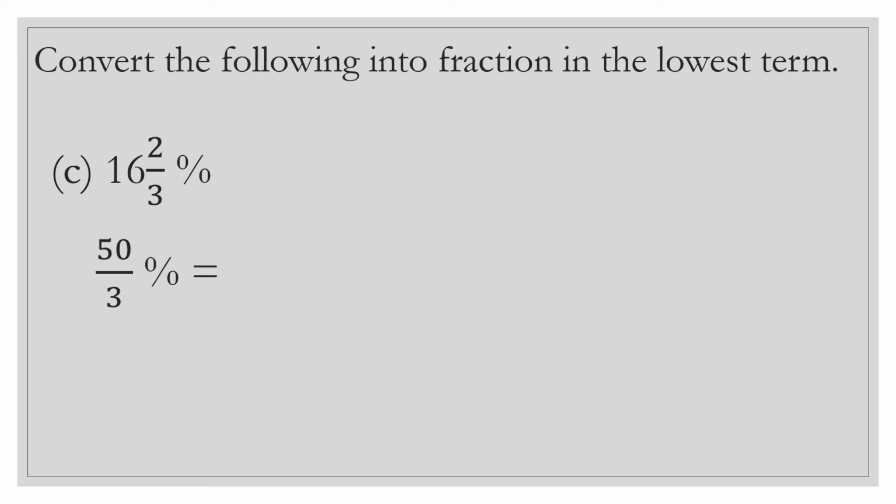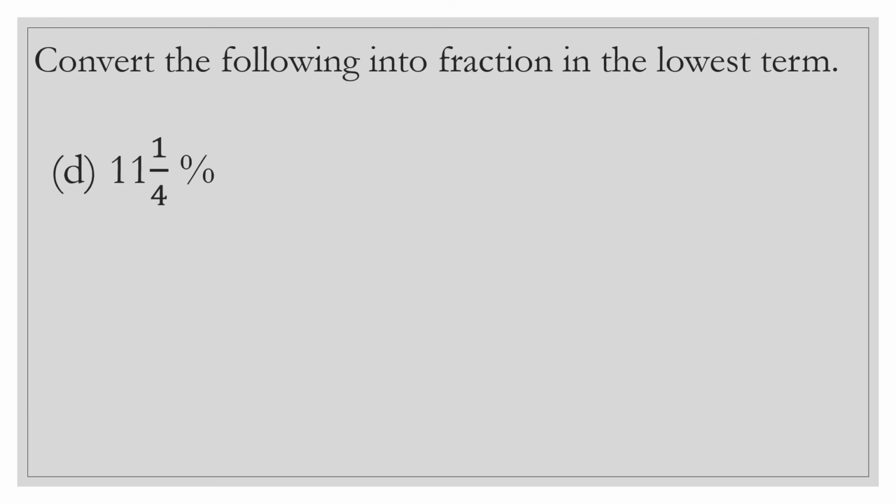So 50 upon 3% is equal to 50 upon 3 multiplied by 1 upon 100. Now simplify. See, 50 and 100 both are divisible by the same number 50. So divide. 50 1s are 50 and 50 2s are 100. Now it cannot be further divisible. So do the multiplication. We get 1 upon 6. So the lowest term is 1 upon 6.